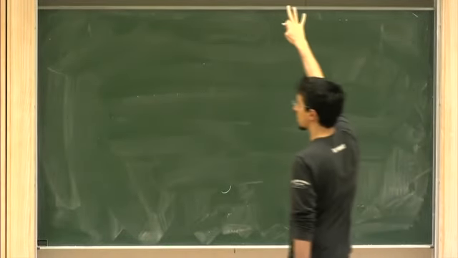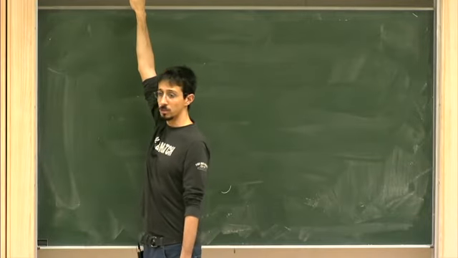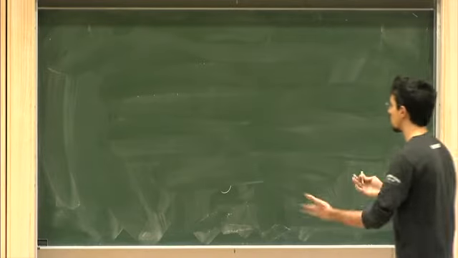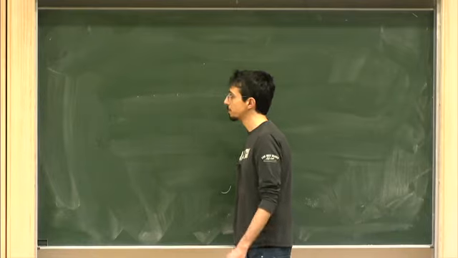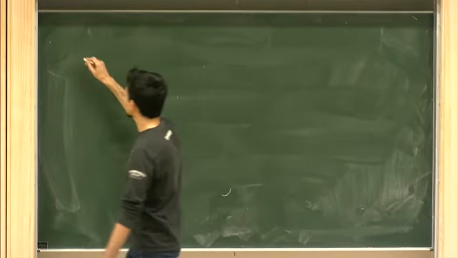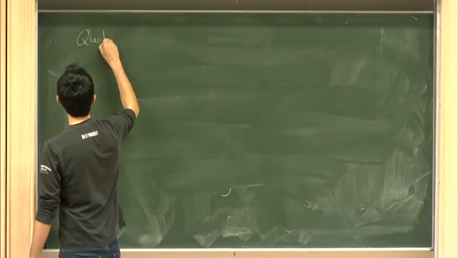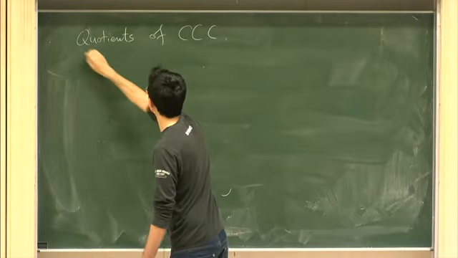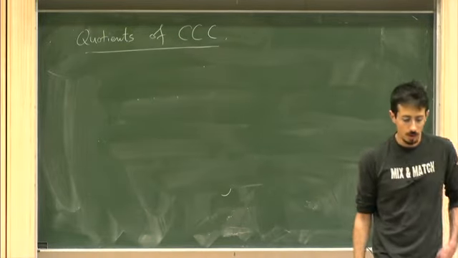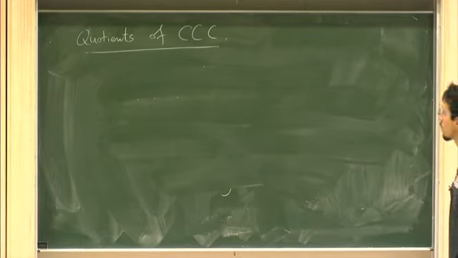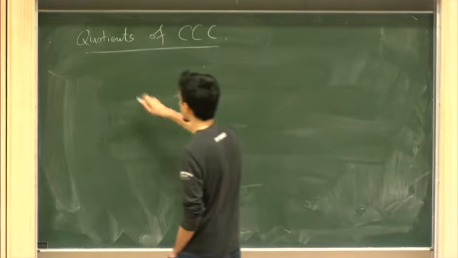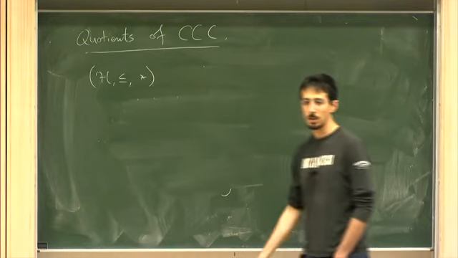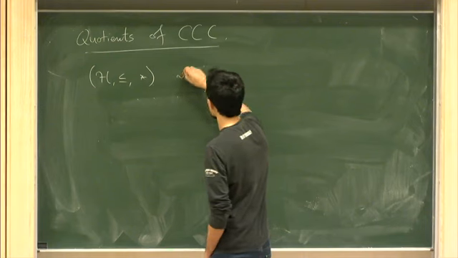Okay, so we're going to work with this language of cube complexes, even though it's maybe a bit new and combinatorial and less geometric. And now we want to define what quotients of CAT(0) cube complexes are. So here we have our set of half spaces H, we have our poset, and we have a certain relation.